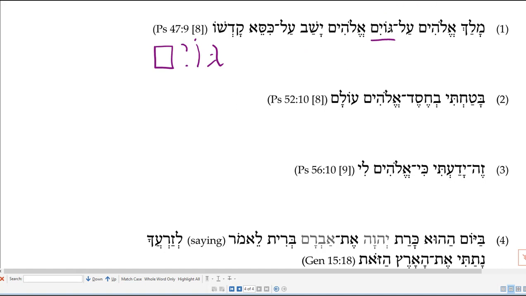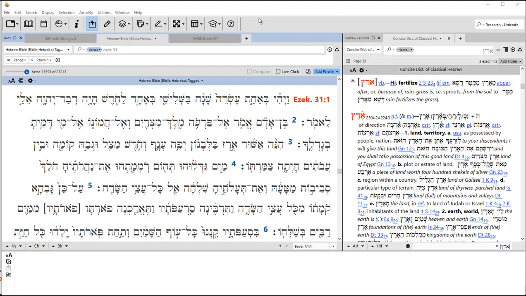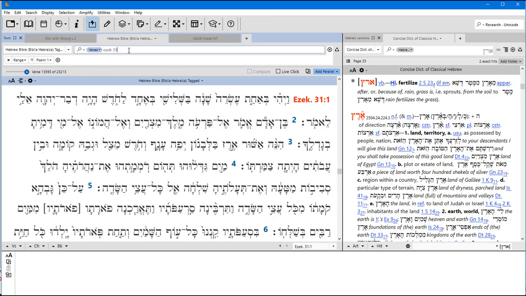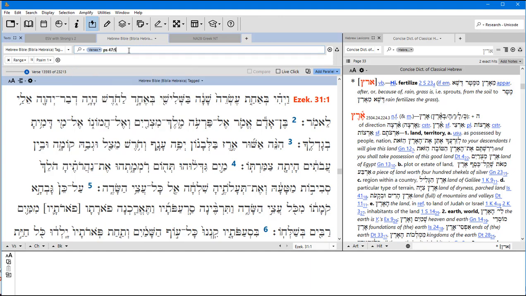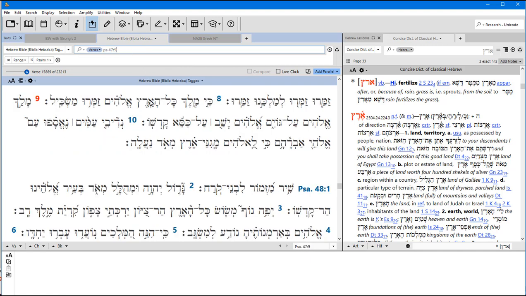So if we pull up our Accordance, we can look it up in a lexicon. So here's Accordance, and I could just look up that verse, which is Psalm 47:9. So here it is, highlighted in red for the number.